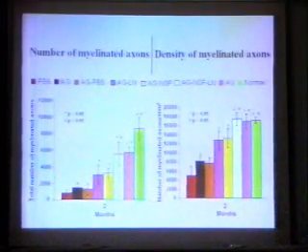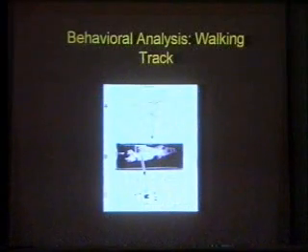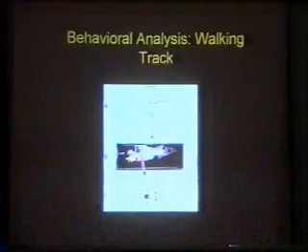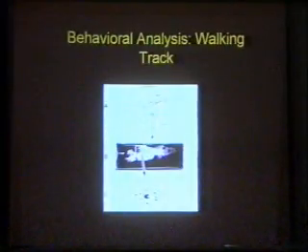So you can do some kinds of behavior analysis, and I won't show you all of this data. One of the ways you can do this is the so-called sciatic functional index. We basically mount a video camera under a glass table, and we watch the rat walk. And you can measure the toe spread to get a sense for functional recovery.